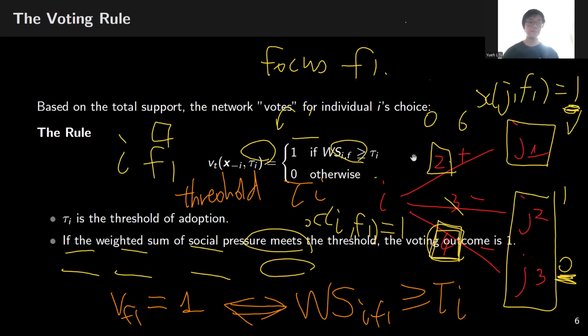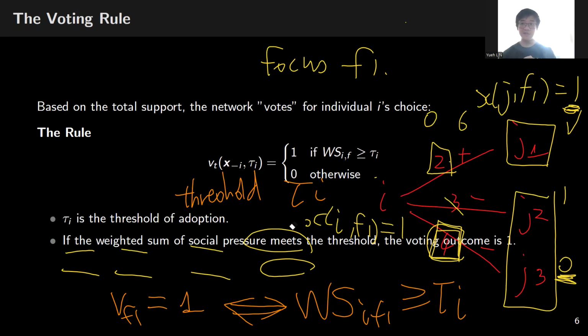Here, we consider a vote 1 if the weighted support is greater than the threshold, and a vote 0 if the weighted support is not greater than the threshold level tau i. We can say tau is the threshold of adoption, or a quantification of the social pressure.